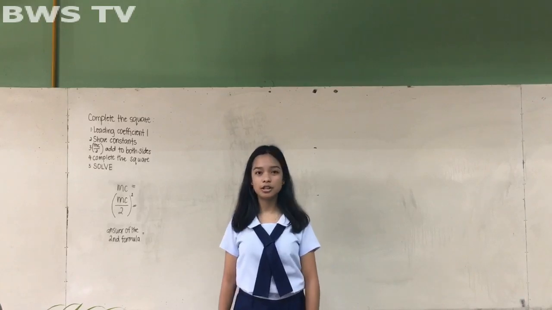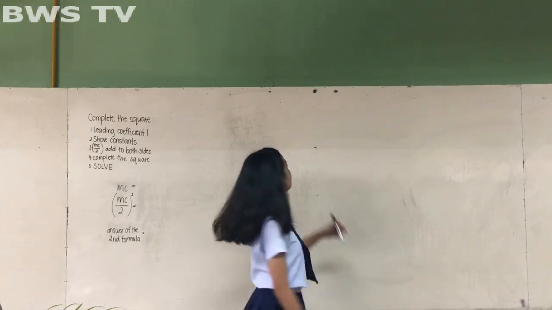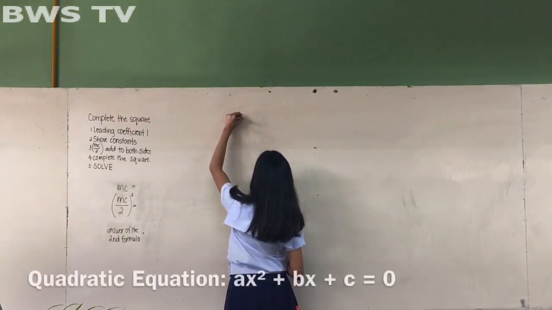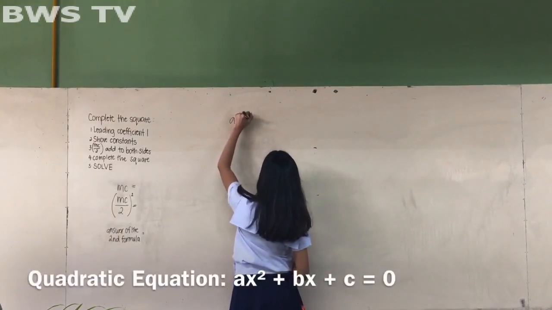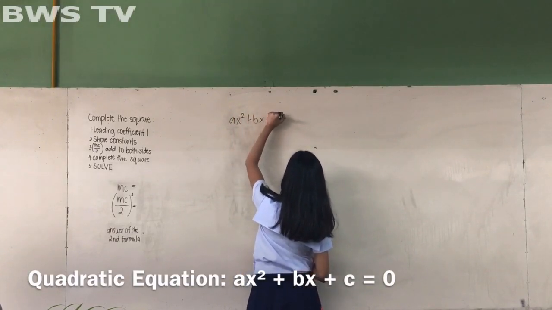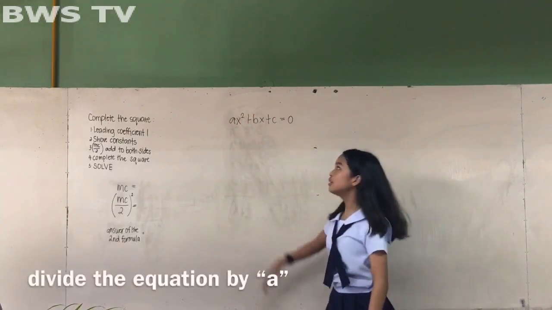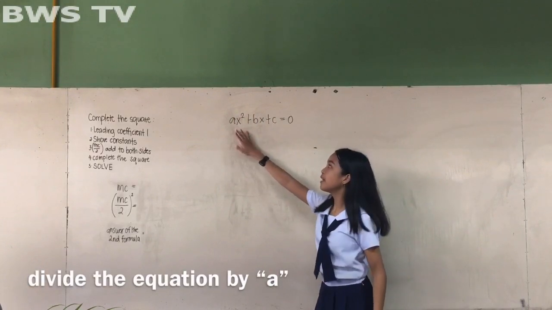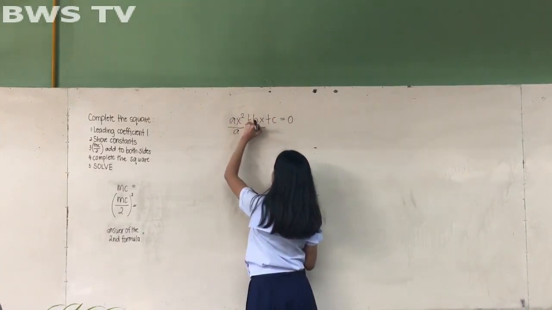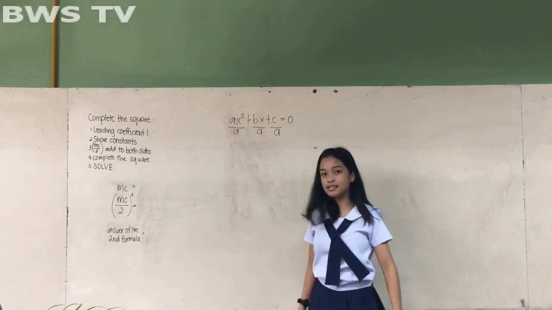First, we will start off with the quadratic equation, ax squared plus bx plus c is equal to 0. To eliminate the a, we need to divide all the terms by a.